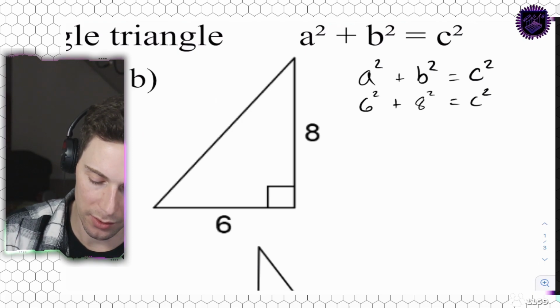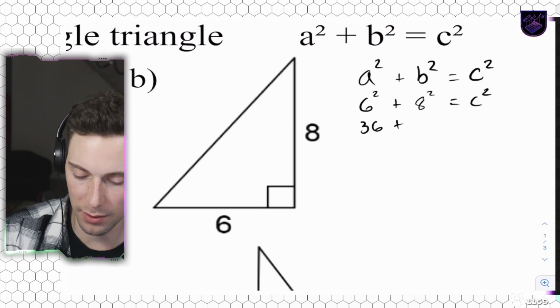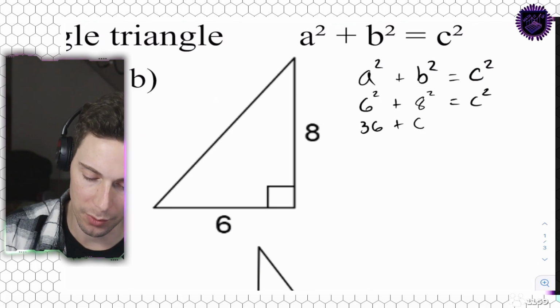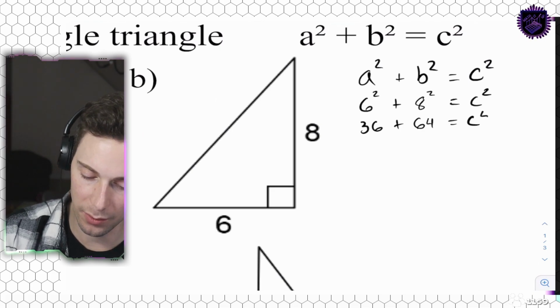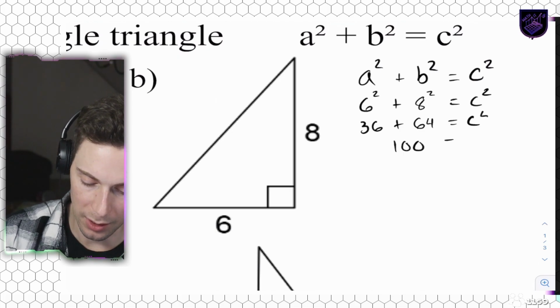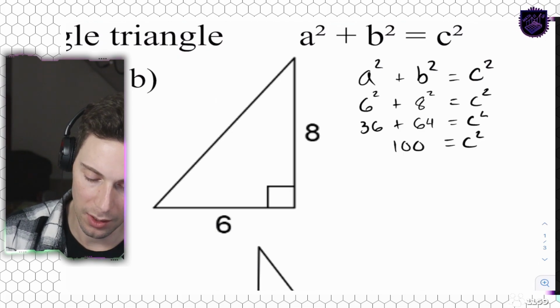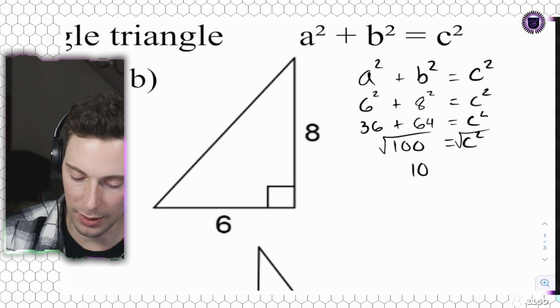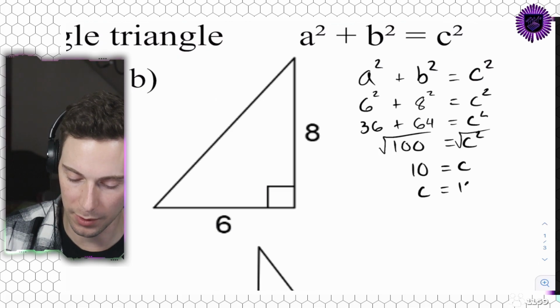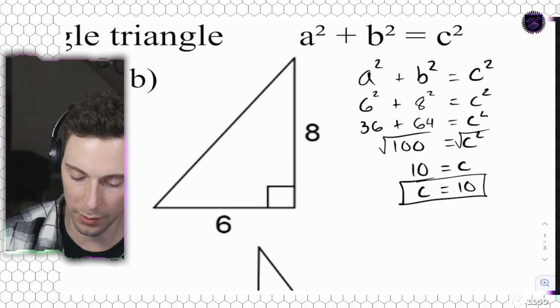So 6 squared is going to be 36 plus our 8 squared, which will be 64. This will be equal to our C squared. So this is going to be 100 is equal to C squared. And when we find the square root of both of these, it's going to be 10 is equal to C, or C is equal to 10. That's what we're looking for.